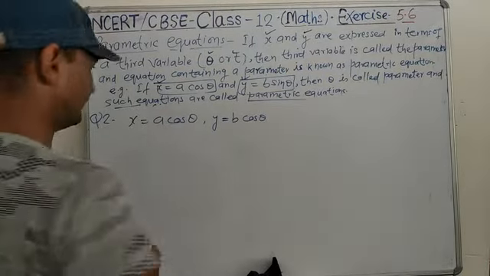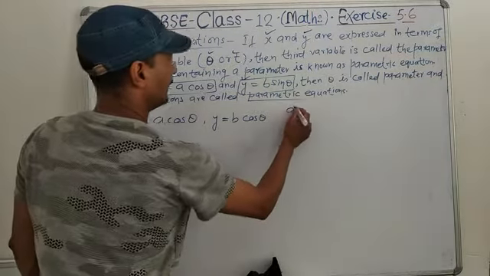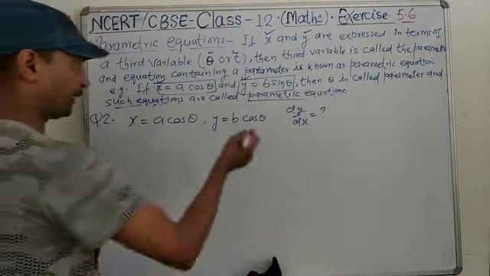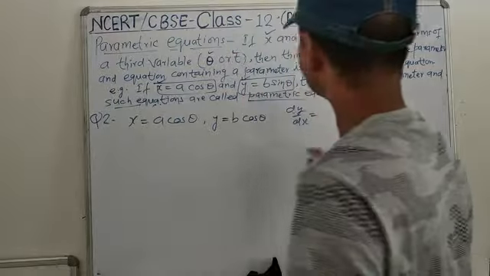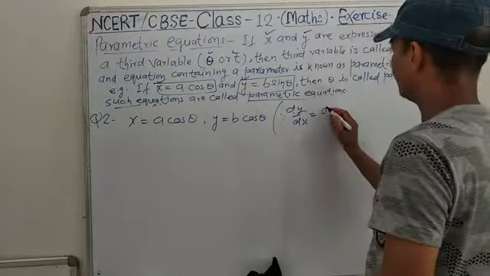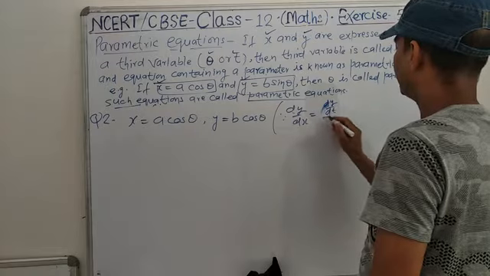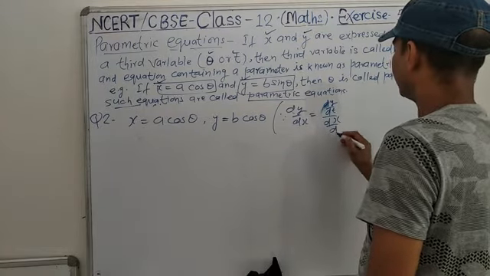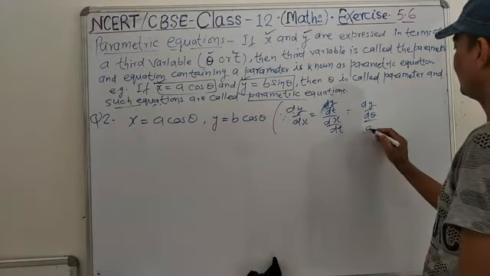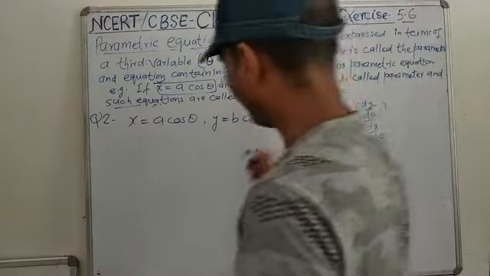Now question number 2 is x is equal to a cos theta, y is equal to b cos theta, and we need to find dy by dx. So the formula of dy by dx: here the third variable is theta, the formula is the same, dy by dt by dx by dt, but in the case of theta, what do we write? dy by d theta by dx by d theta, in the case of parameter theta.